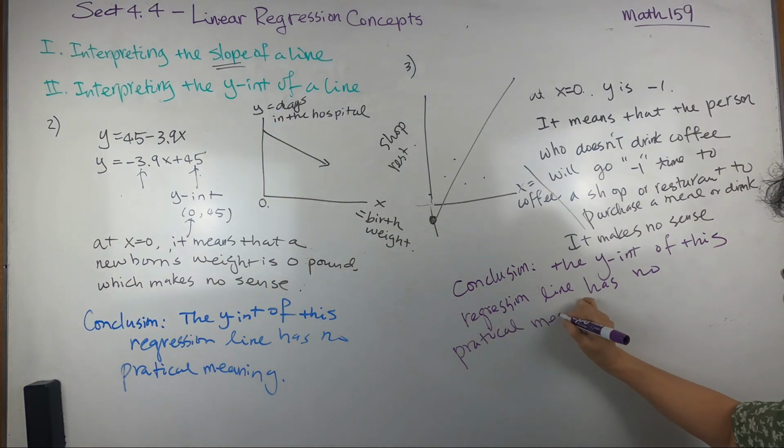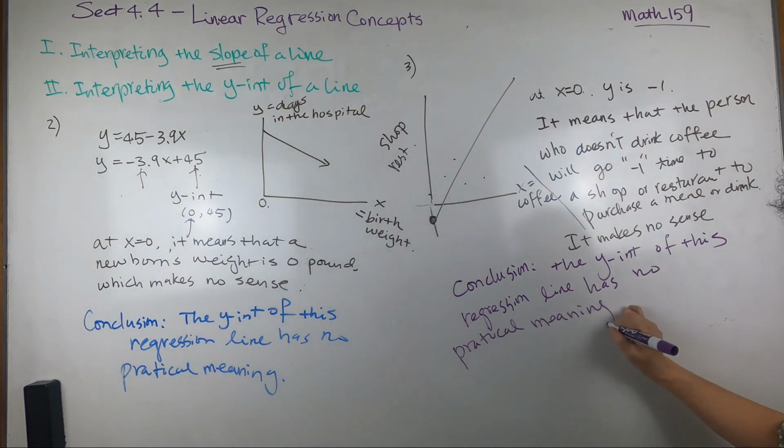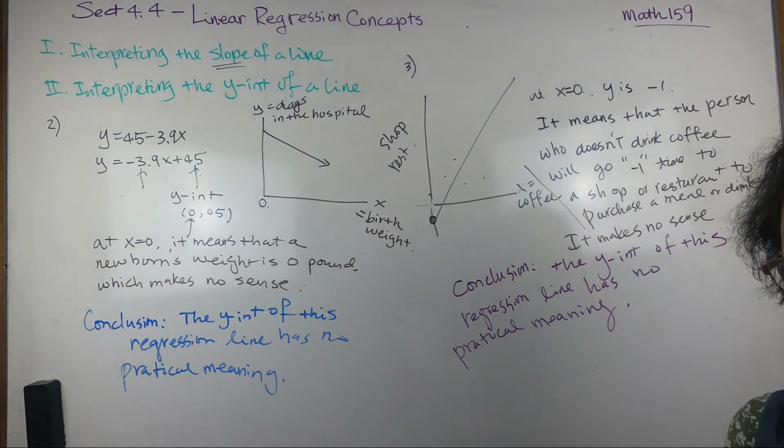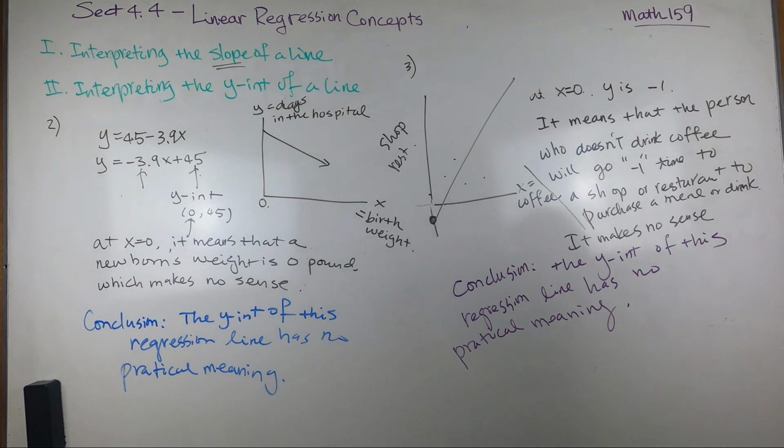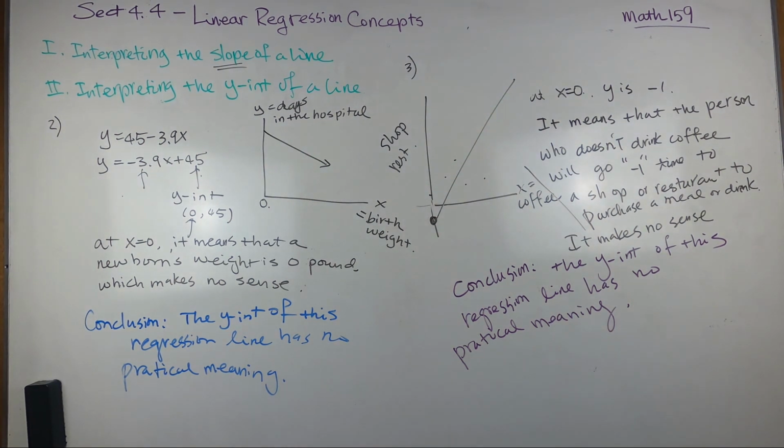So that's what it is telling us. But sometimes it has meaning. I didn't write any example with meaning. I just showed you all 3 examples have no meaning. But if it's meaningful, you should be able to tell, right? That's why I didn't include it here.